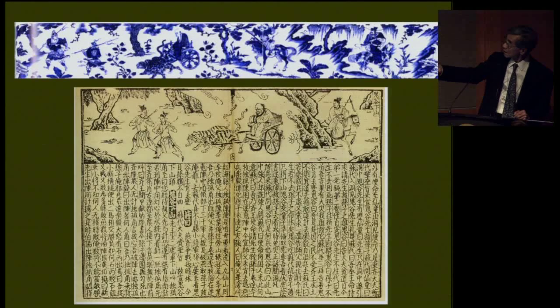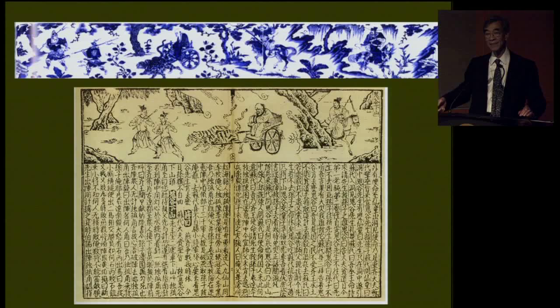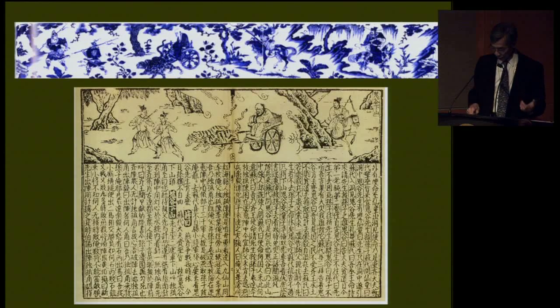And you can see the blue and white decorator copied more or less straight. But instead of him riding on a chariot drawn by 2 tigers, I think here one of the animals is a leopard. I mean, so it was not always straightforward copying. They also adapted to their own liking.